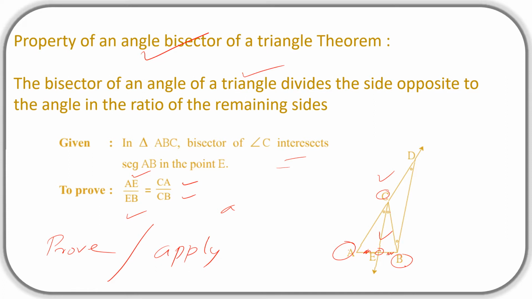Or if these are not given, a triangle will be there. It will be talking about a line which is intersecting a side in a particular ratio with respect to the angle. That means you should get the clue. Oh, this is the application of the property of an angle bisector of a triangle theorem. That will strike you then.